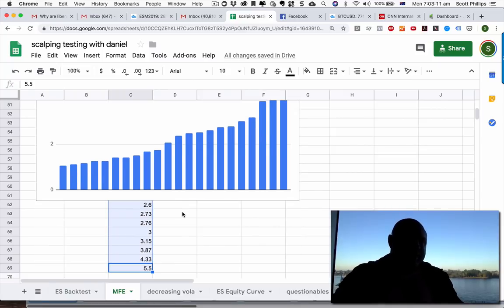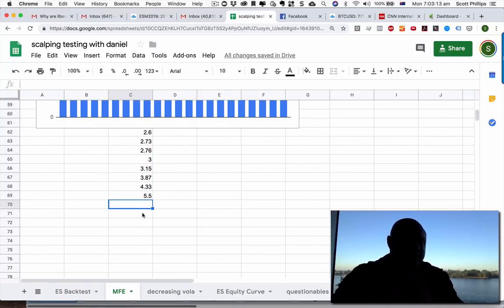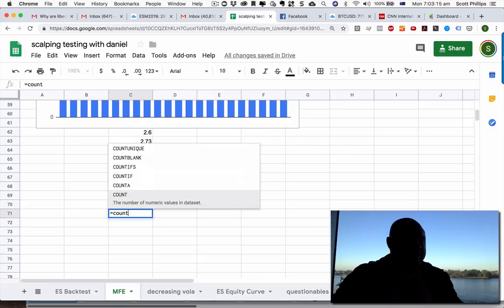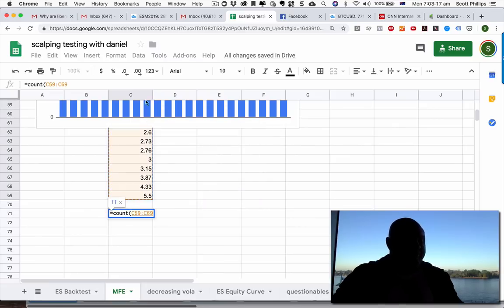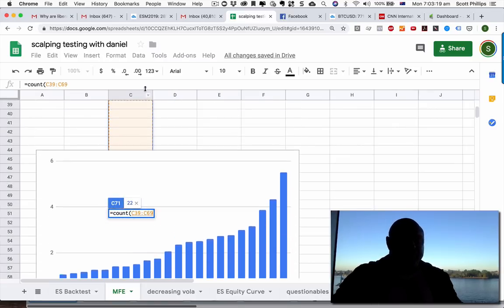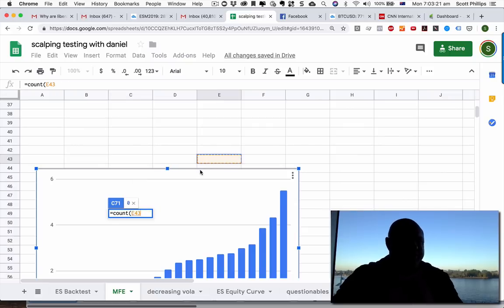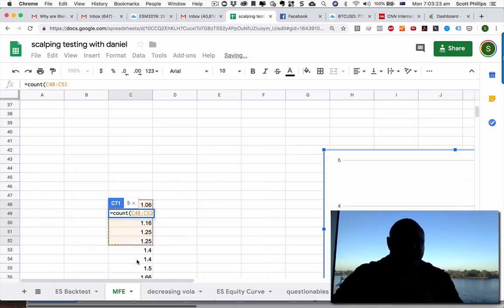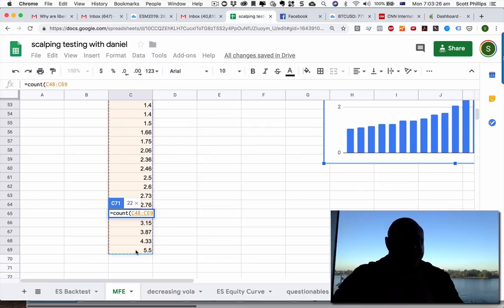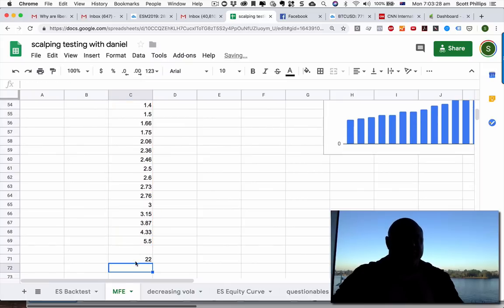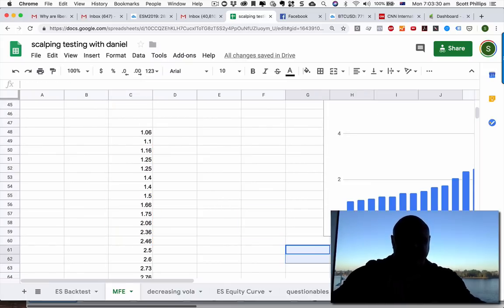You can see that we have quite a lot of trades below 2R. We have probably about 40% of the trades below 2R. Let's see how many there are.